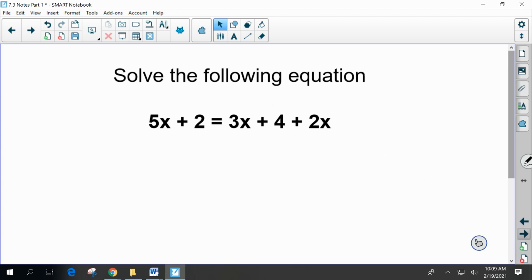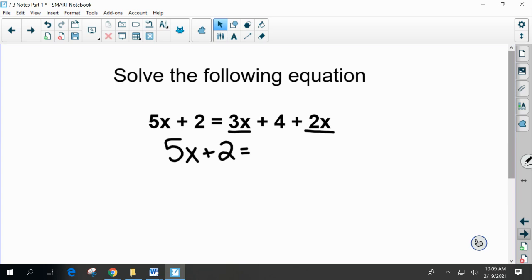Okay, so let's look at the last one. So what do you see that we need to take care of first? Do you have any parentheses? No. Would you add 3x plus 2x? Yeah, so I need to combine like terms on the right. So I'm going to rewrite what's on the left.